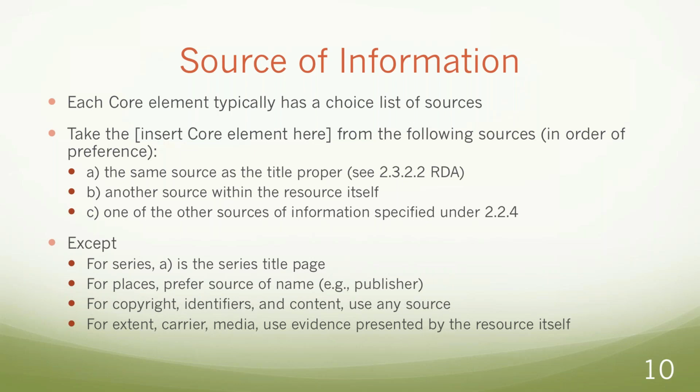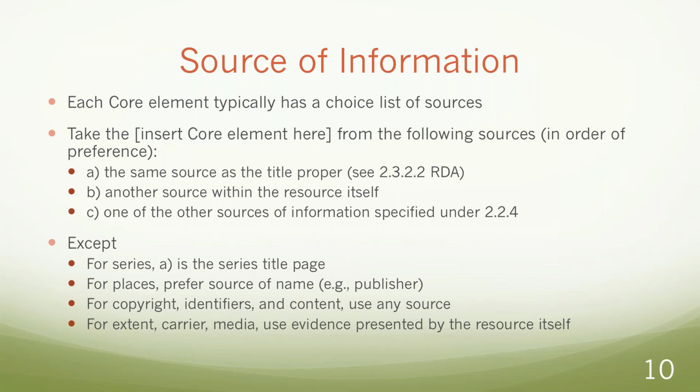These would be things like a publisher's website or some sort of reference material. So if you've got a painting and there is a book that talks about paintings by a particular painter, that's a reference source that you could use as a source of information. It's that type of thing.